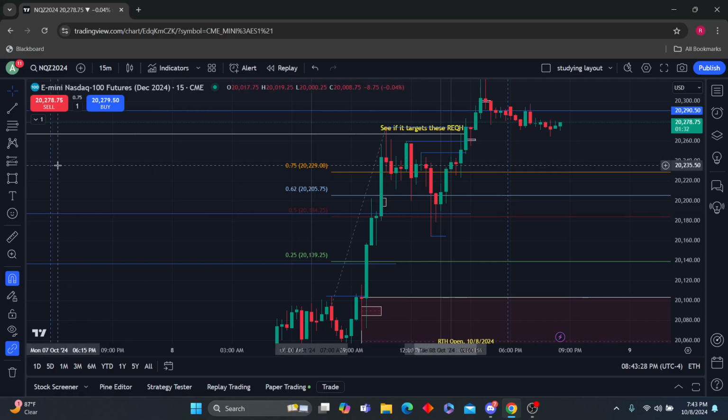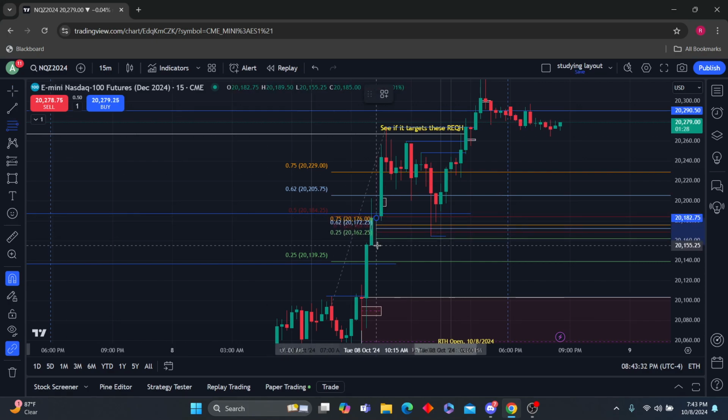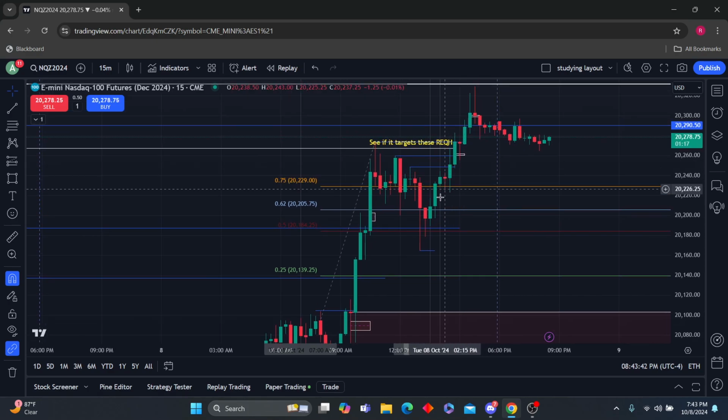Because this is a wick, grade it. Hits 50%, leaves the bottom portion untouched, shoots up on a run, leaves the fair value gap.